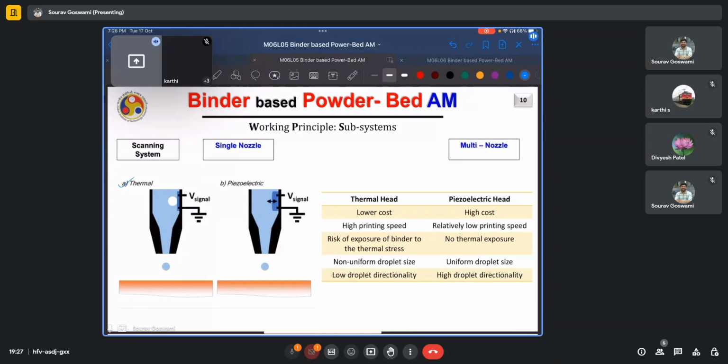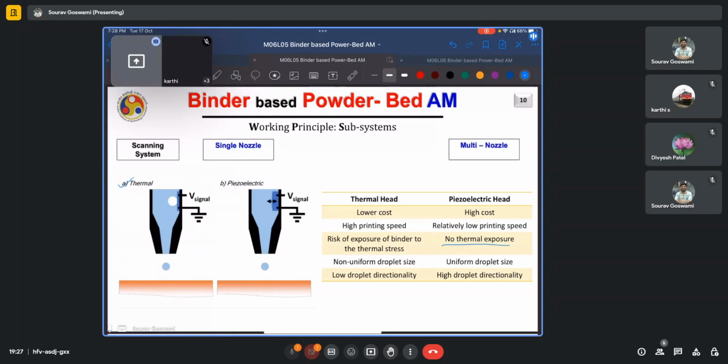And this is done through the piezoelectric head, where there is zero or no thermal exposure of the binder ink. Again, for thermal based nozzles, the droplet size might be non-uniform, whereas in the piezoelectric nozzles, it is thoroughly uniform and mostly controlled.